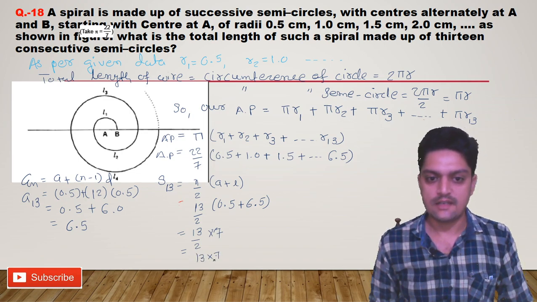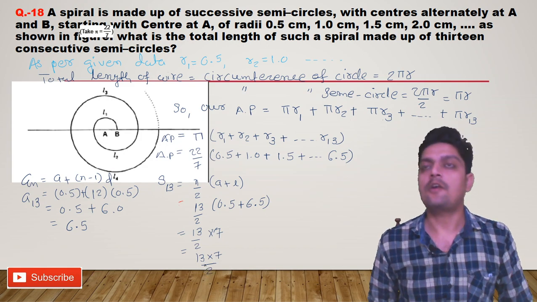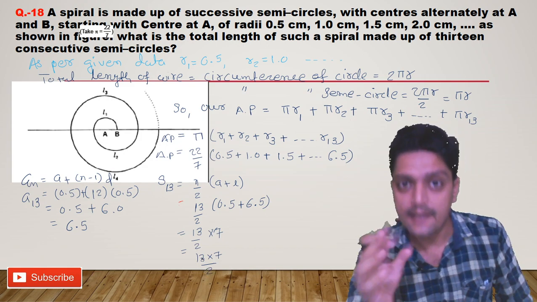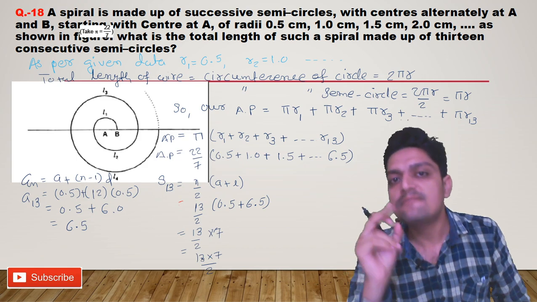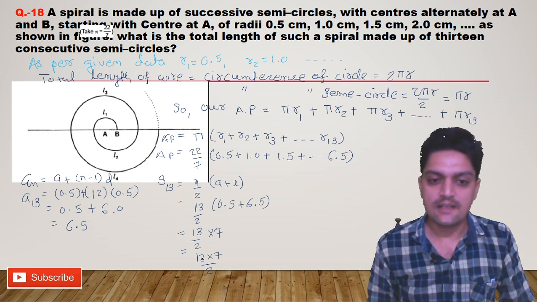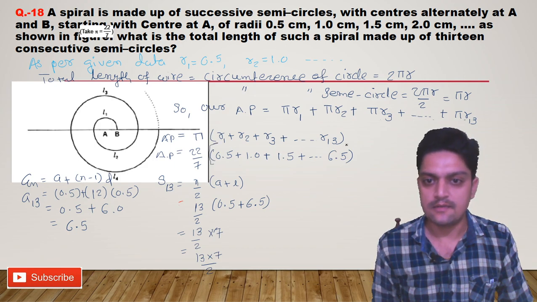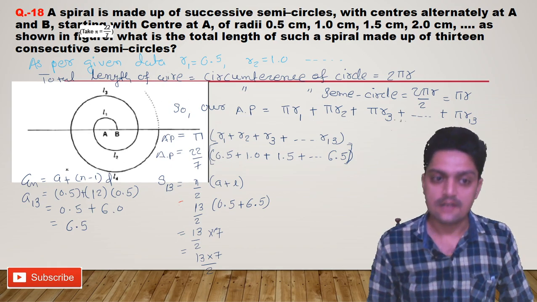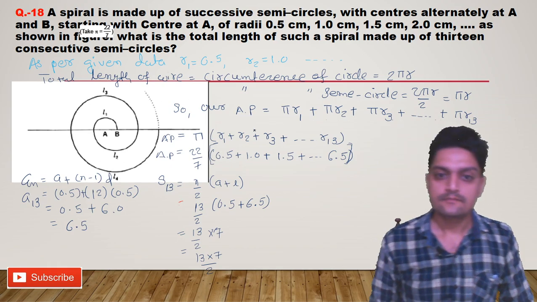13 into 7 by 2, I will not multiply, I will not cut it out. Why? Because I am going to teach a smart way. See, this sum is of this number, the bracket I have done is of this number. So now how will the answer come?